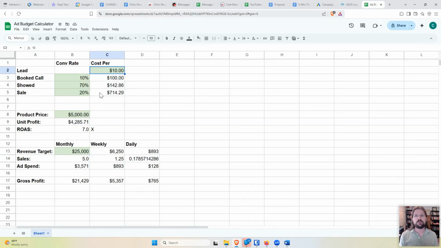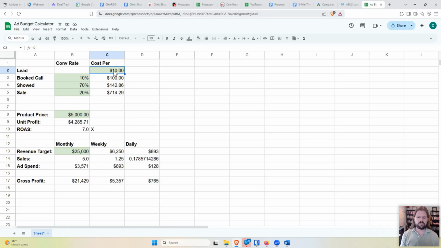Now, if you sell a product that's only for orthodontists, and only for orthodontists that have a practice with 10 or more employees, let's make it even smaller, and only within Florida, that's a very small number of people that are going to meet that description. Because it's a smaller supply, it's going to be more expensive to advertise to those people. So if that's the case, probably your cost per lead is going to be higher than $10.